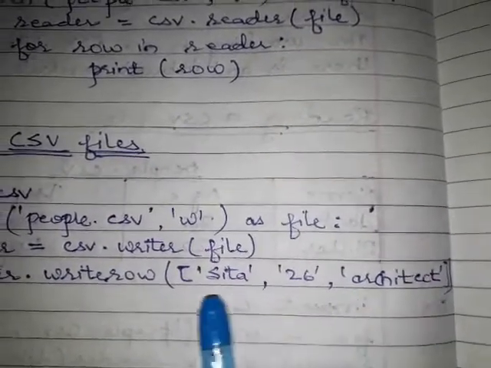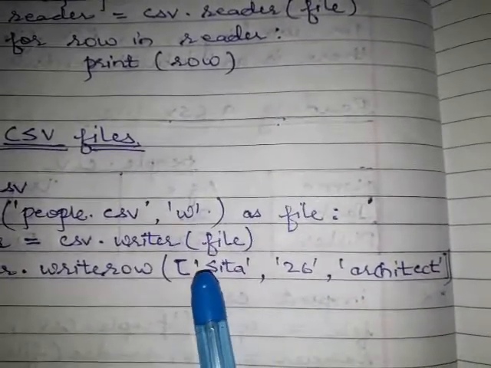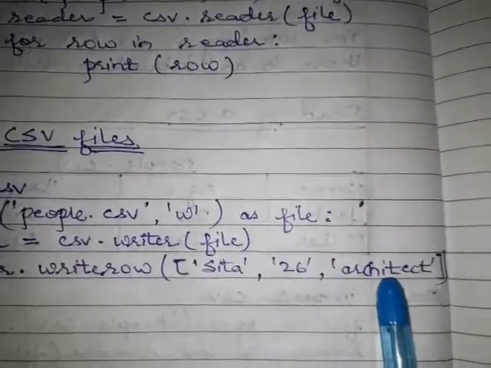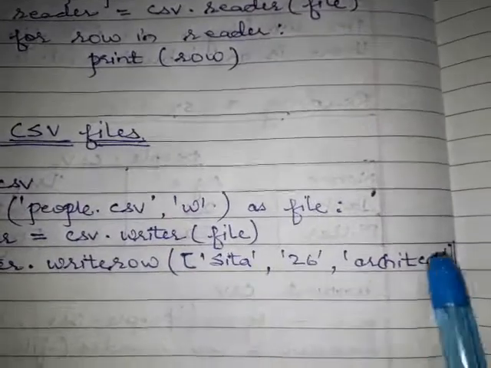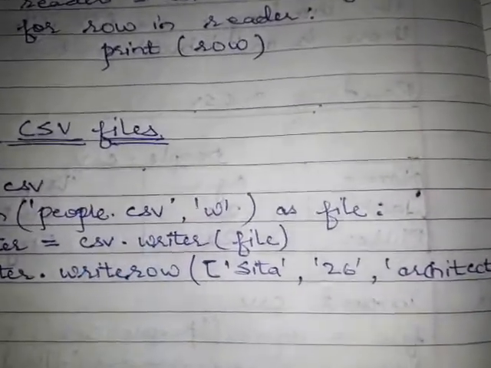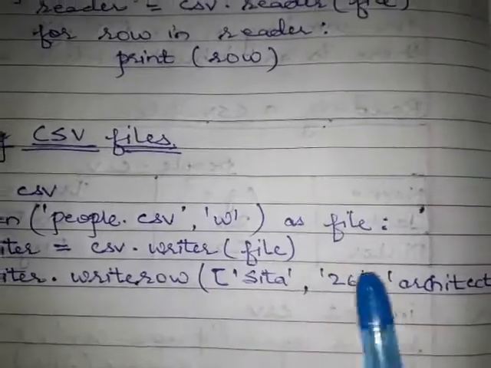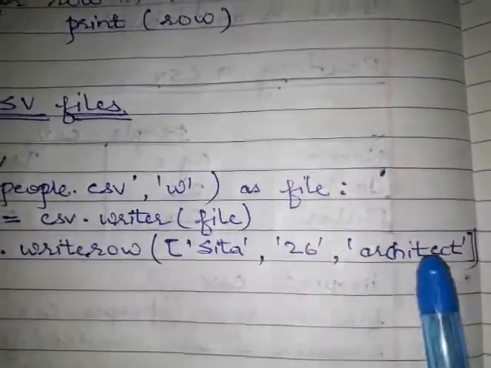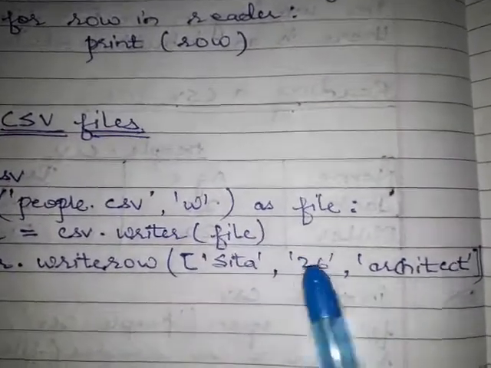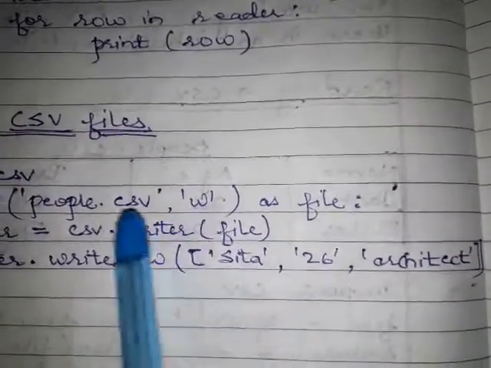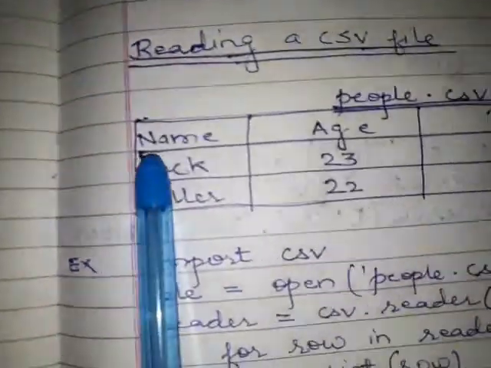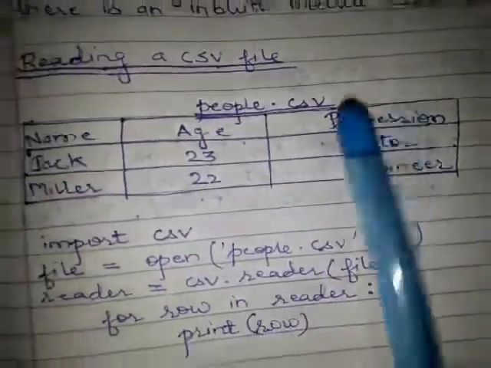In this record I have passed first name, then age, then profession, in the form of a list, because this file will consist of three fields: name, age and profession. So the first value is name, second is age, third is profession, because our people.csv file consists of name, age and profession.